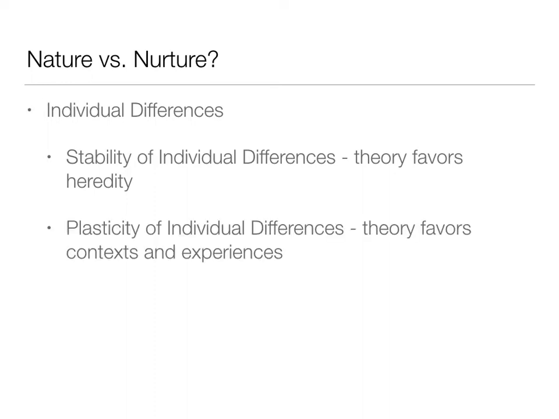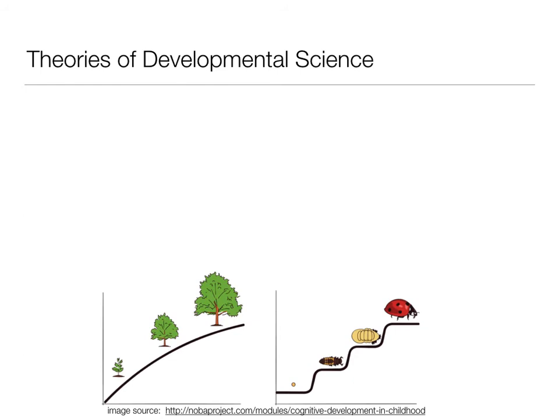Where we see a theory that looks at the plasticity of individual differences, that we see changes over time, plastic is very bendable. So when we talk about plasticity, we're talking about the malleability, the bendability, the flexibility of individual differences. When we see these differences in people and they change over time, that theory is going to favor the context and the experiences. That theory is going to favor nurture. Again, neither one of them is usually all or none. It usually is an interaction between the both.